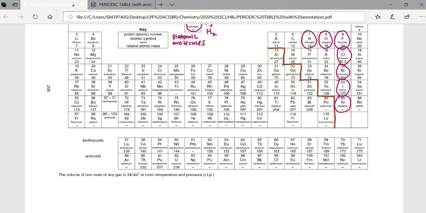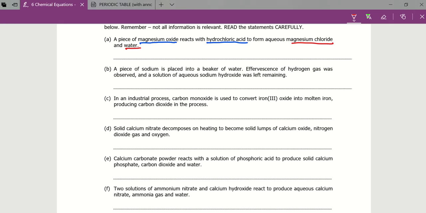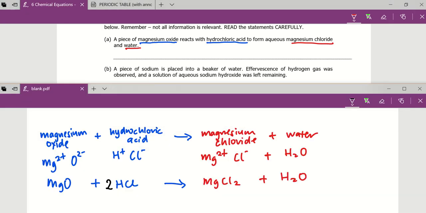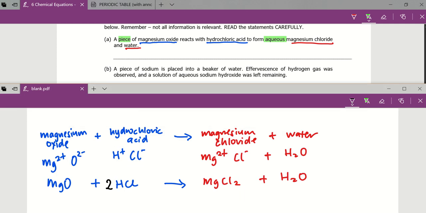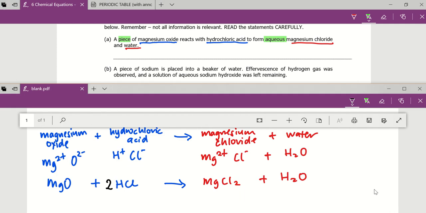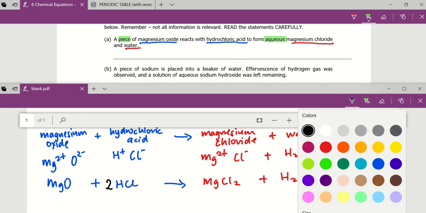I will need to write down the state symbols as well. Okay, so when we look at here, it says a piece, right? It says a piece, and then it says over here, this is aqueous magnesium chloride. So how can I make use of this information? For a piece, it should be solid state.